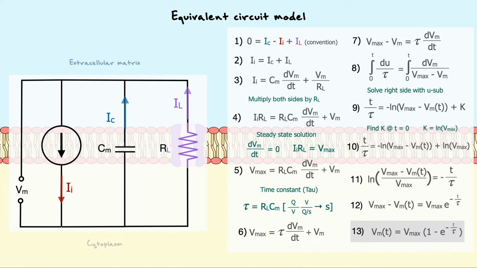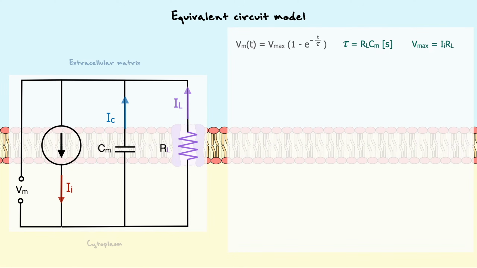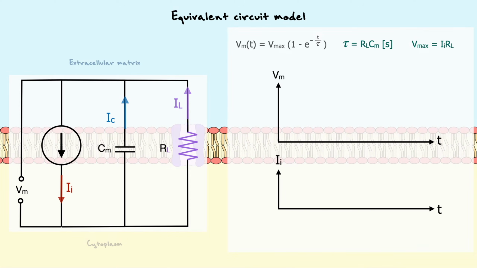Here again, to understand how this equation operates, let's plot its evolution over time along with the injected current. You can notice that the equation we have is exponential and not linear anymore. This equation is a bit messy to read, but one way you can think about it is dividing it in 3 sections. In blue, we have the membrane potential of the system as a function of time.